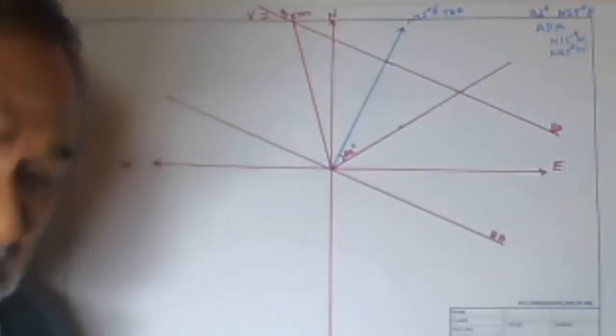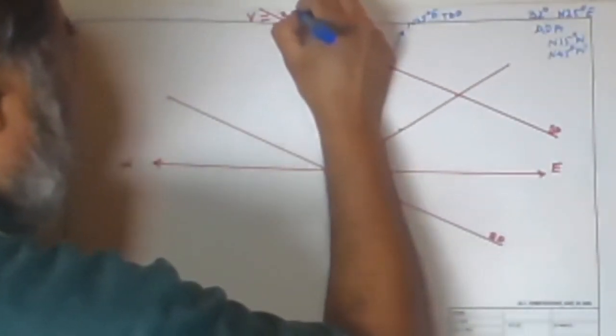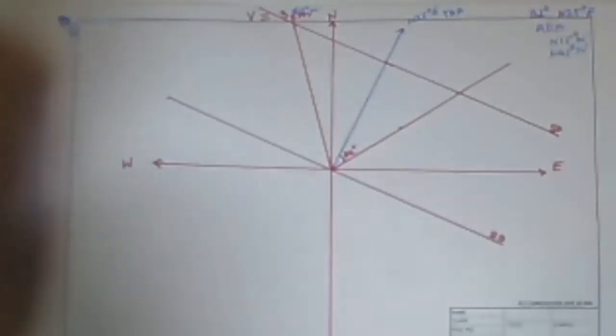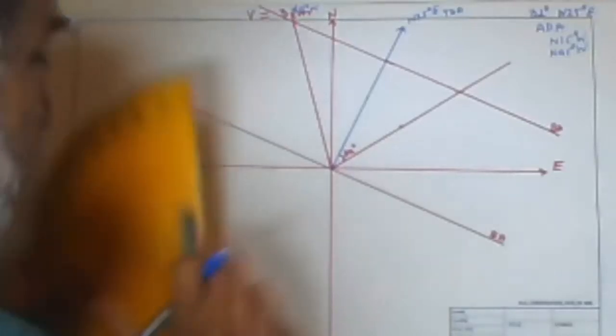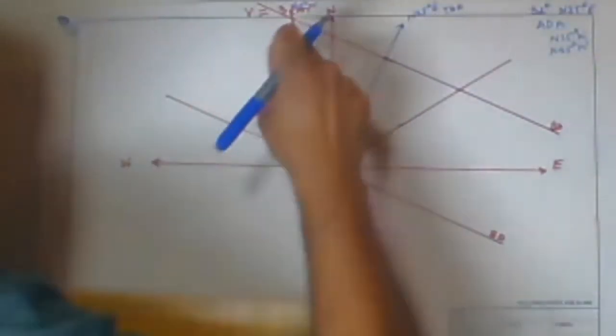I'll use a different pen. This will be north 15 degree west. And now north 15 degree west, from here also we have to take the V as 3 centimeter to this line.